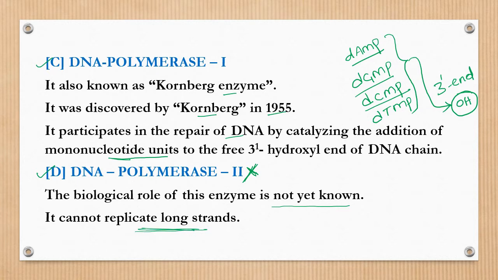In an exam or anytime we need not remember more, but if anyone asks, DNA polymerase 1 is there and 3 also is there, but what about 2? Its function is not yet known.